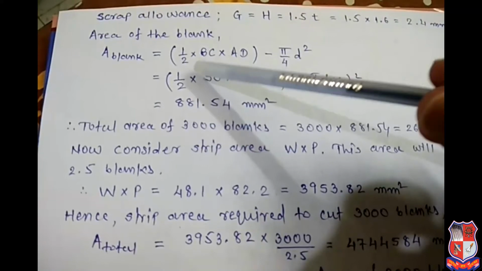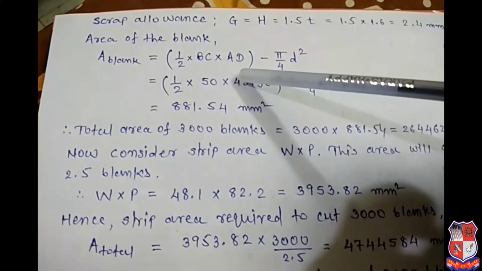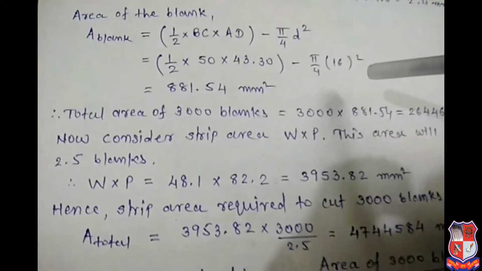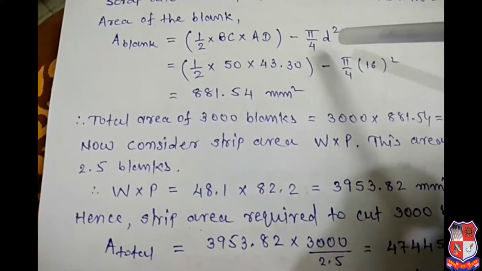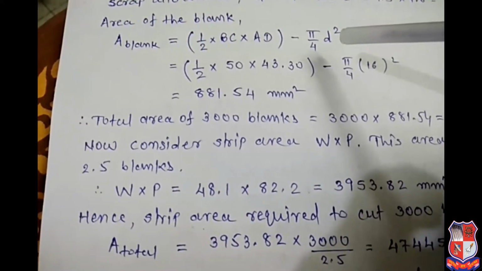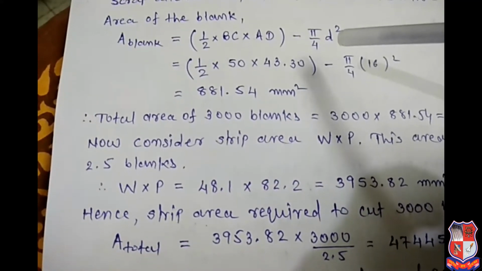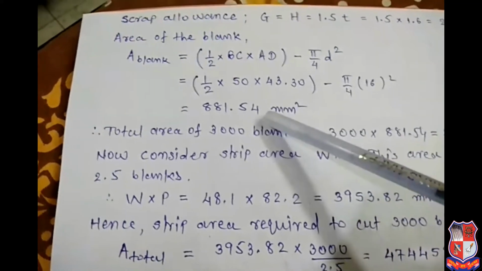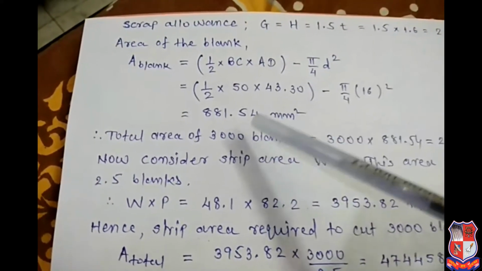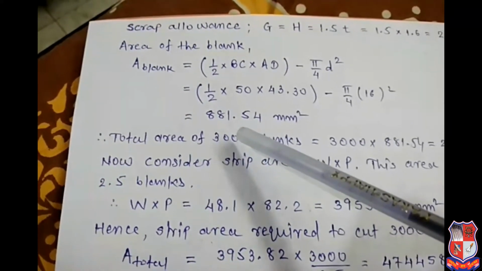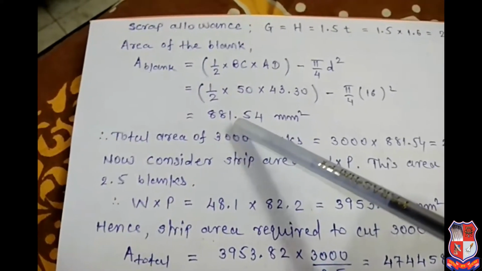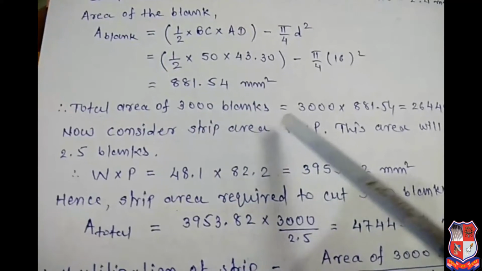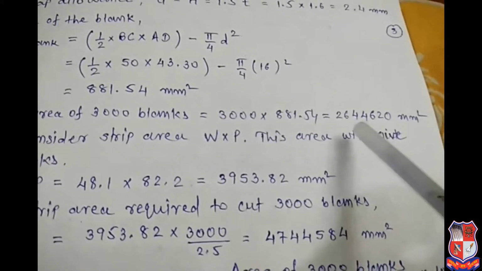So area of the triangle is 1/2 BC into AD as per the geometry, and we need to subtract this area because it is the hole in the center of the blank, and that material is going to be waste. So finally if I insert all these values, the area of one blank will come around 881.54 mm square. So total area of the 3000 blanks will be this much.